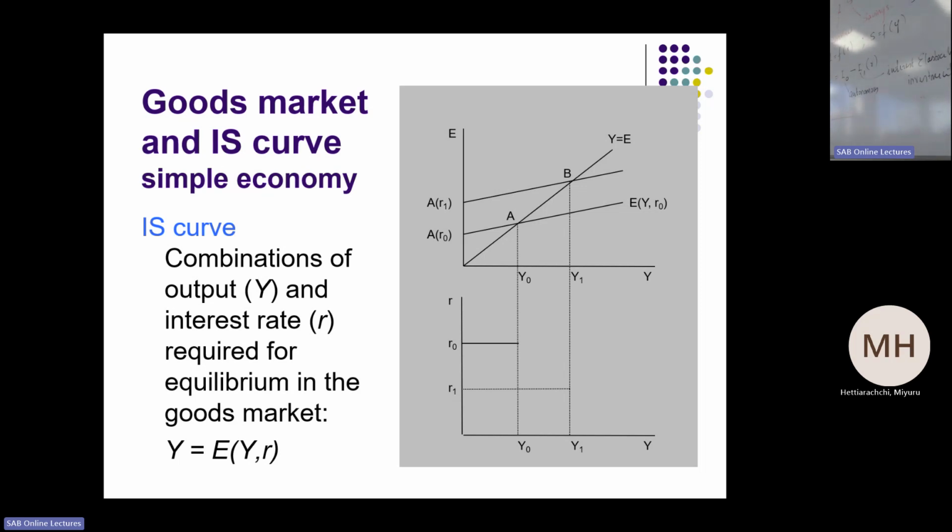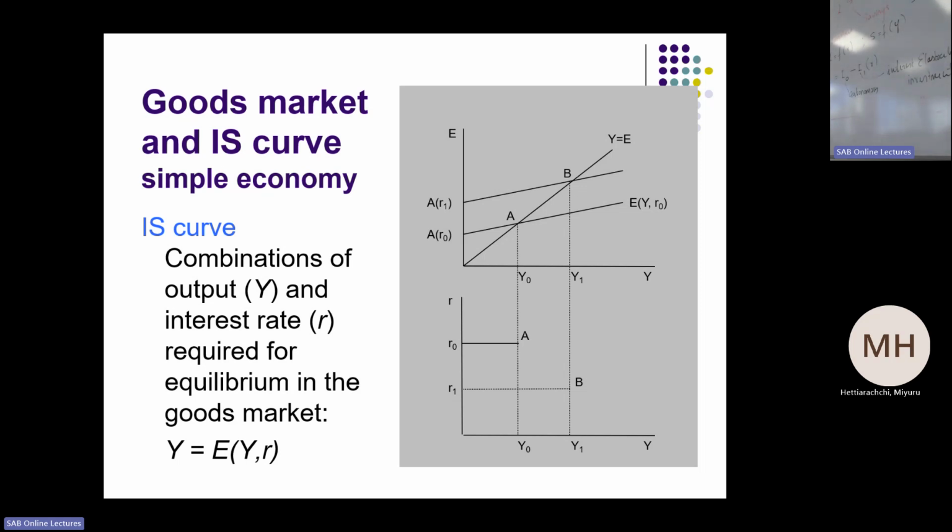As R1 is a lower interest rate than R0, our income level moves up to Y1, another point. Those are the two equilibrium points.